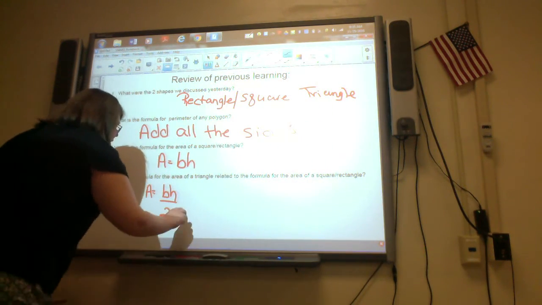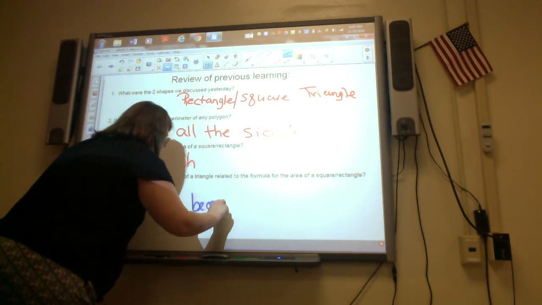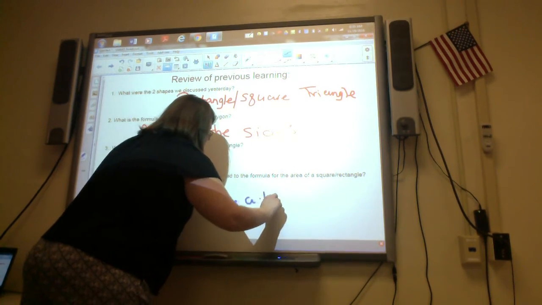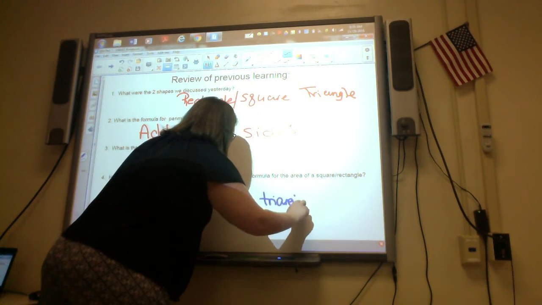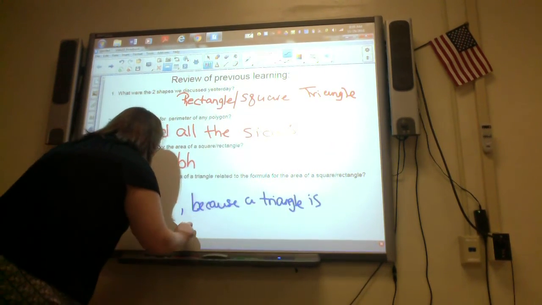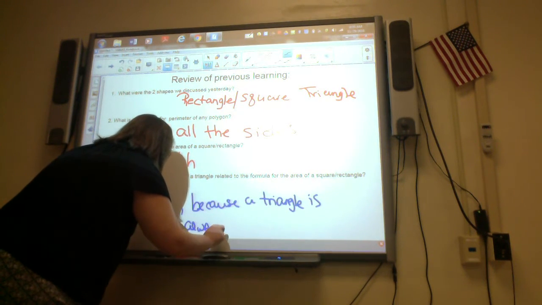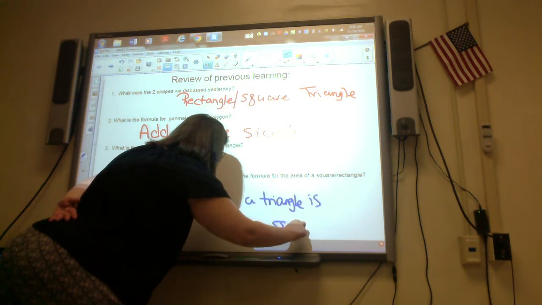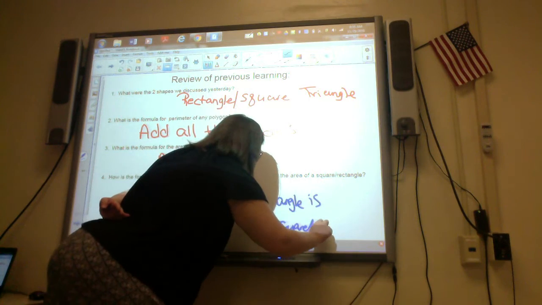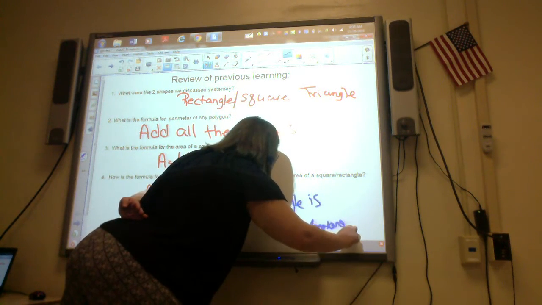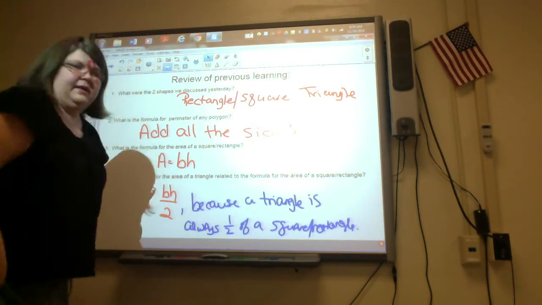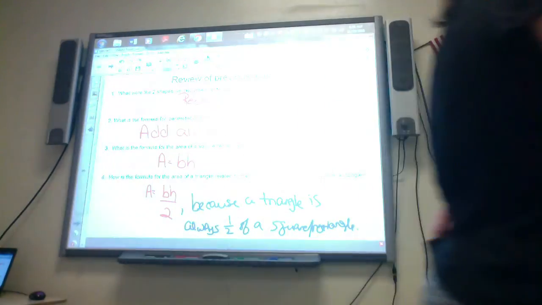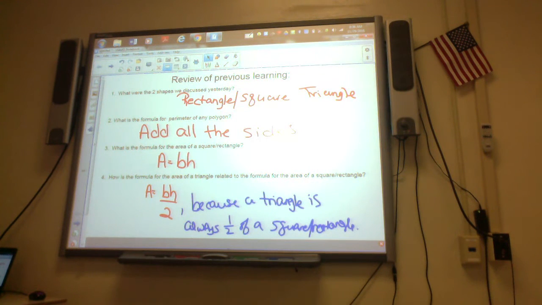So area, because a triangle is always half of a square rectangle. All right, good. Now, so we have our two formulas.